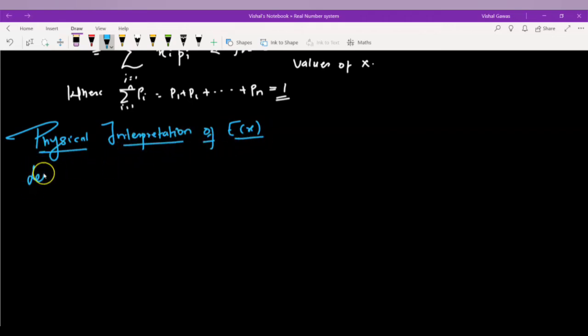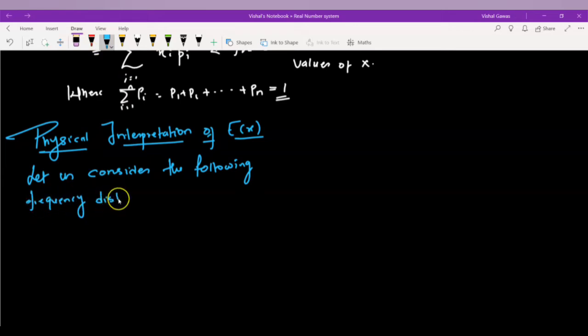Let us consider the following frequency distribution of a random variable x.